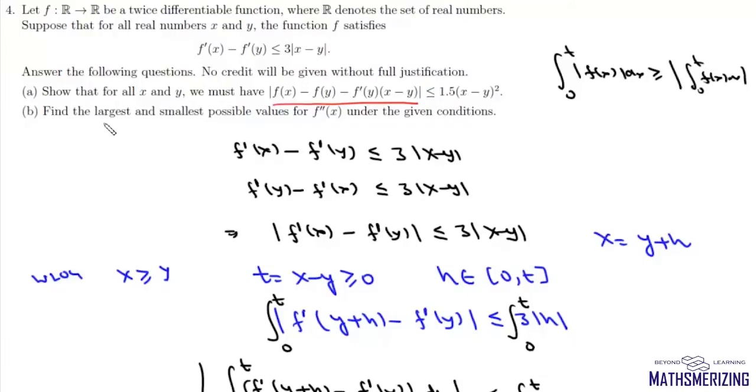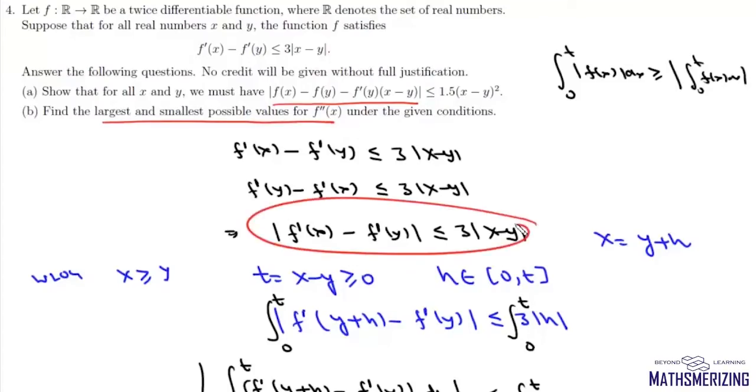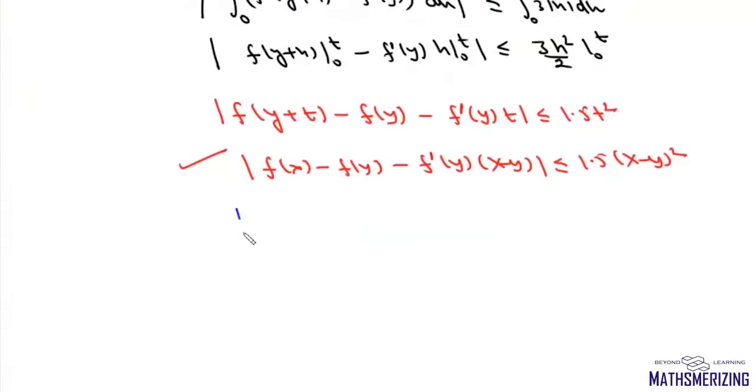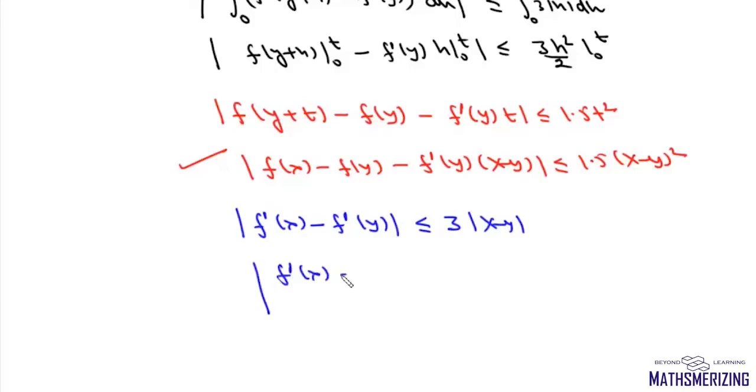Now the B part is, find the largest and smallest possible value of f double dash x under the given condition. For that, we'll use this condition: mod of f dash x minus f dash y is less than or equal to 3 mod of x minus y. Now we can also write this as mod of f dash x minus f dash y upon x minus y is less than or equal to 3.